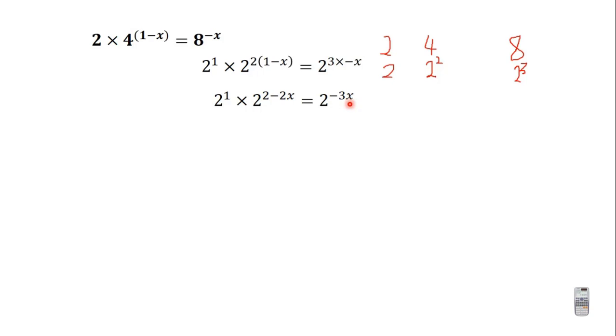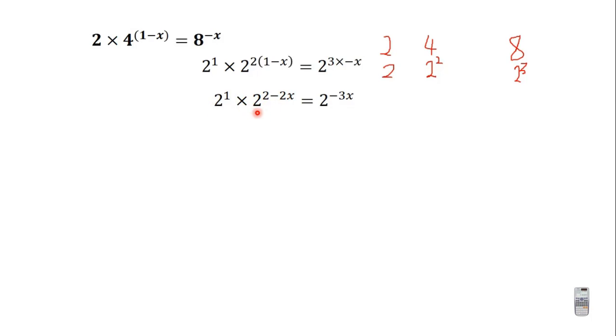We learned from the laws of indices that if you have two numbers in index form and these two numbers are multiplying and they have the same base, you add the exponents. You write one of the bases, then you add the exponents. So we have 2 exponent 1 times 2 exponent 2 minus 2x.